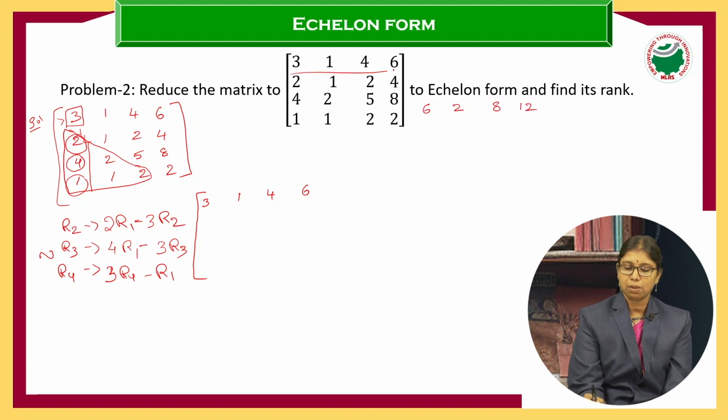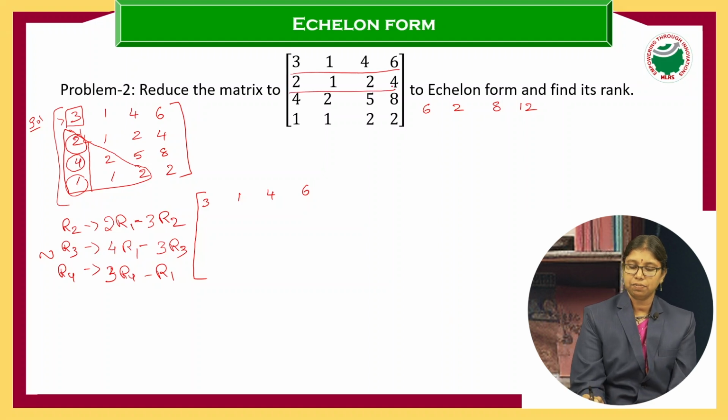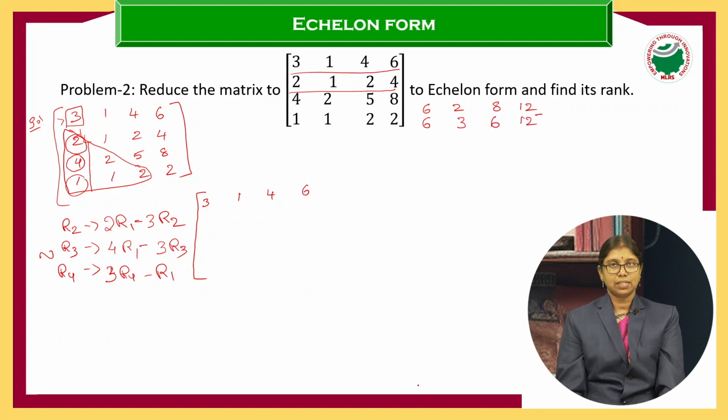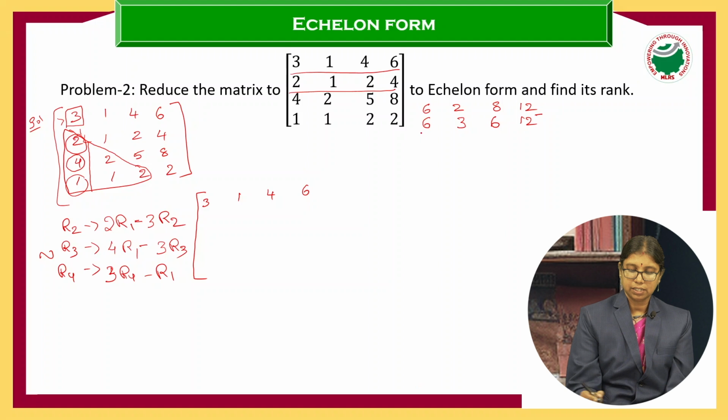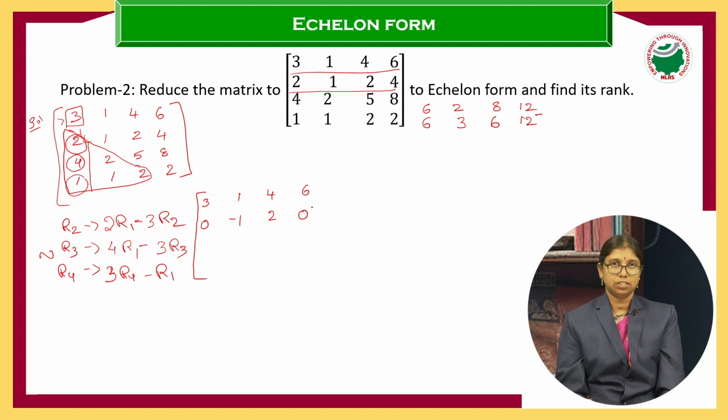This total first row I am multiplying with 2. Next, 3R2. Multiply the second row with 3. 3 2s are 6, 3 1s are 3, again 3 2s are 6, 3 4s are 12. Now by subtracting, 6 minus 6, you will get 0. 2 minus 3, minus 1, 8 minus 6, 2, 12 minus 12, again 0.